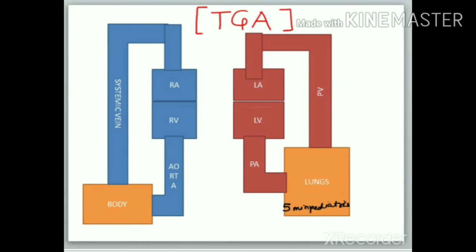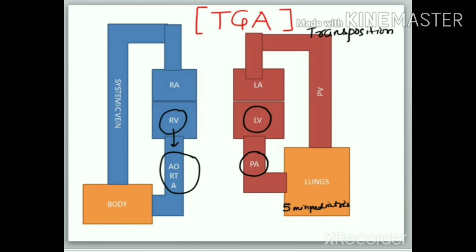Now what does transposition mean? Transposition means interchanging of the site of origin of the major vessels. So from the right ventricle the aorta arises, and from the left ventricle the pulmonary artery arises. So we have two parallel circuits here.